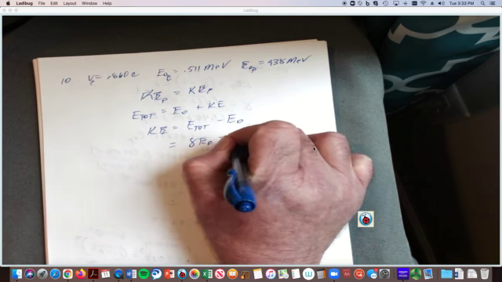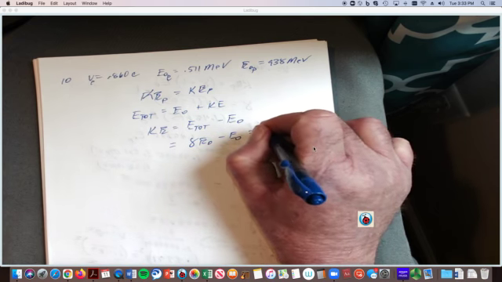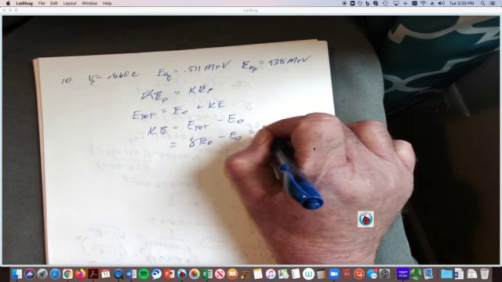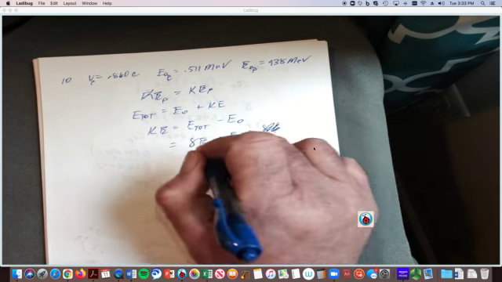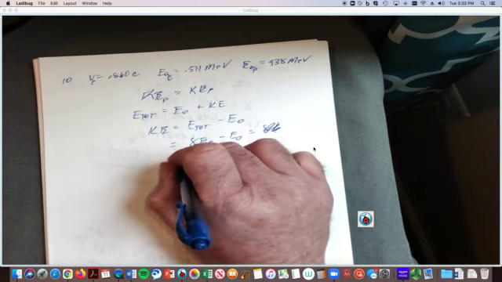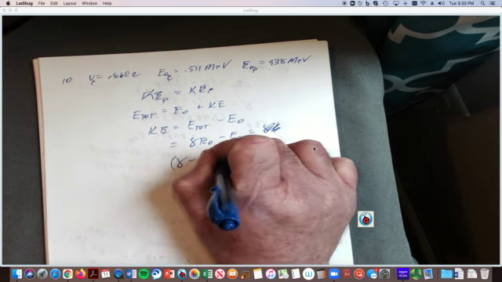Minus E naught. Let's factor out the E naught, and we get gamma minus 1 times E naught.